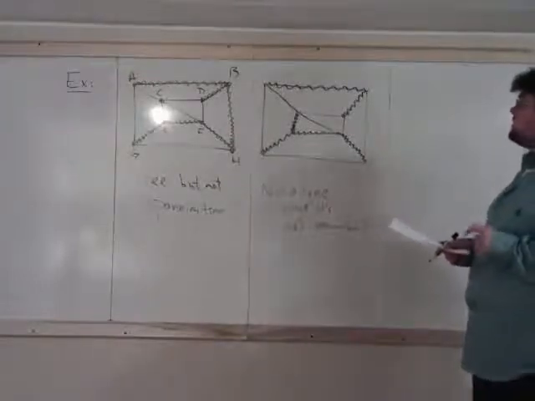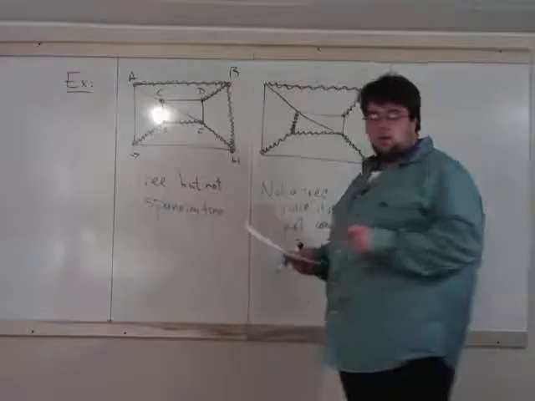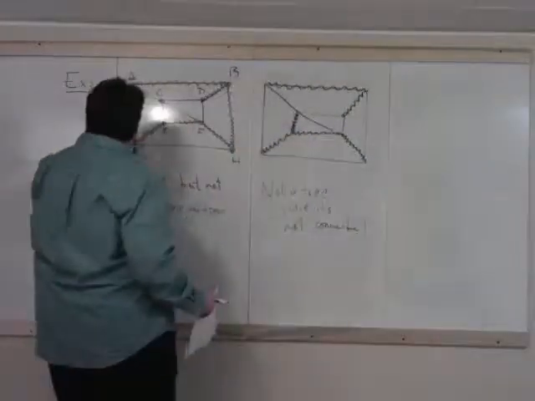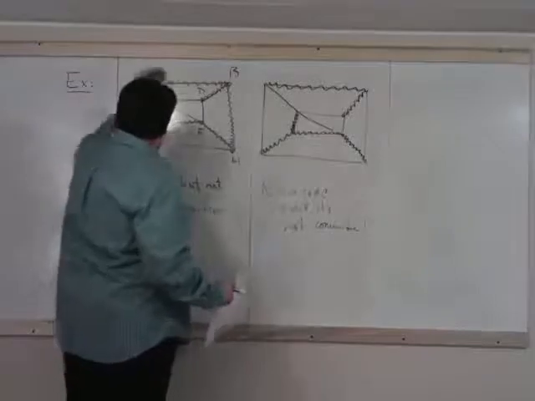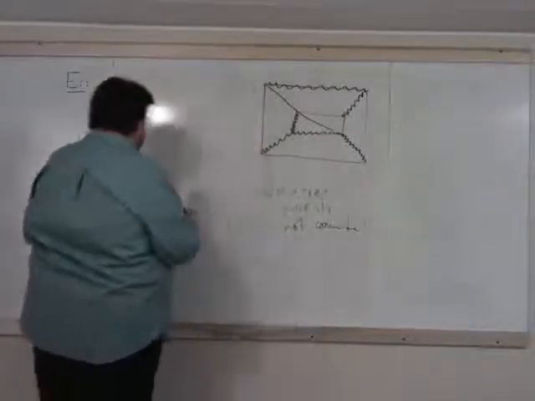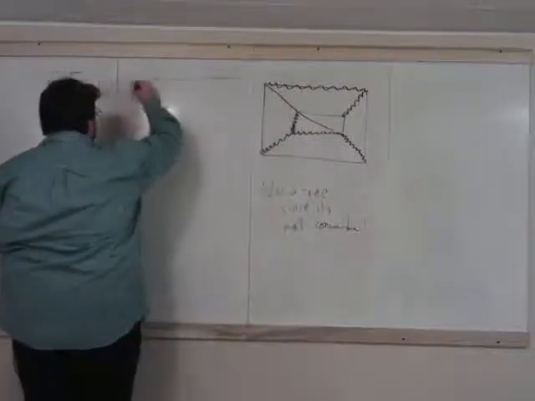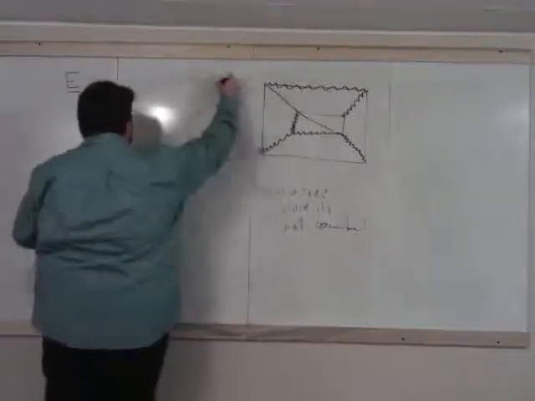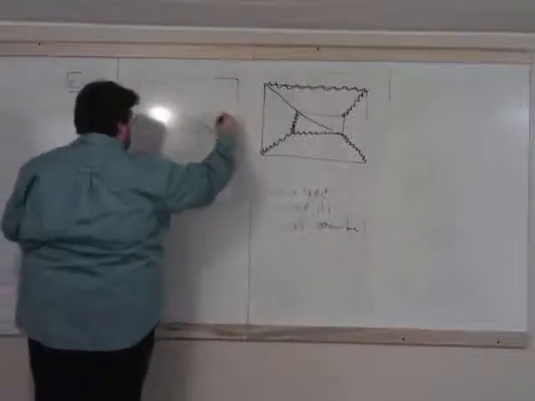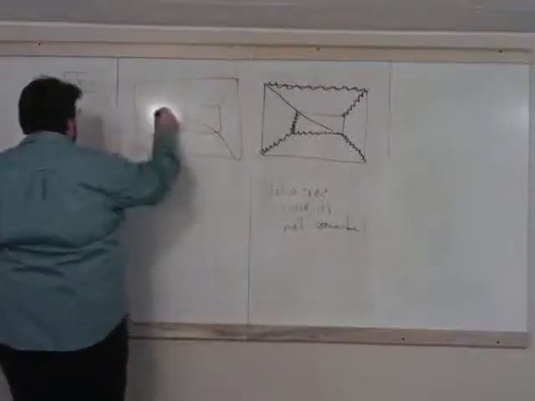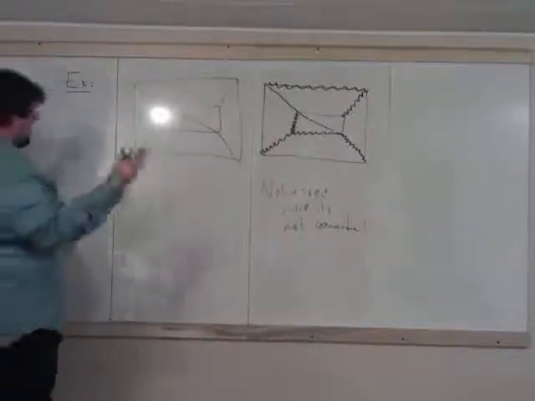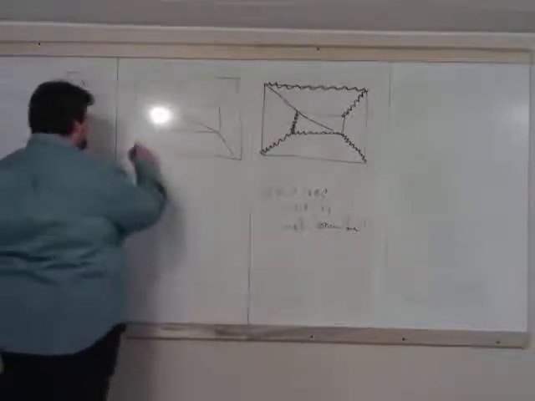Let's look at another. I'll draw it on the first board. So right here, same vertices that are not specifically labeled, they are the same.